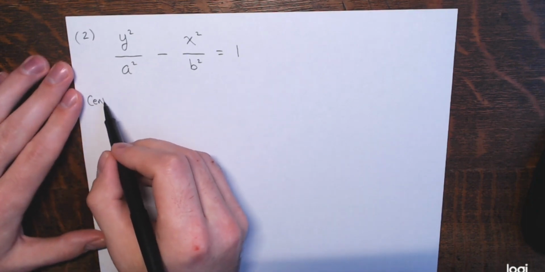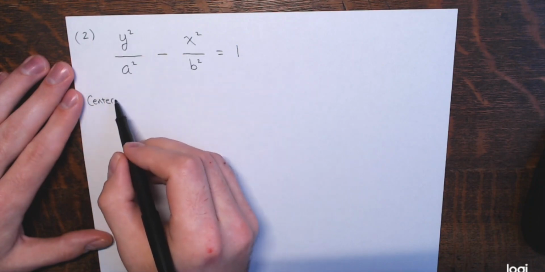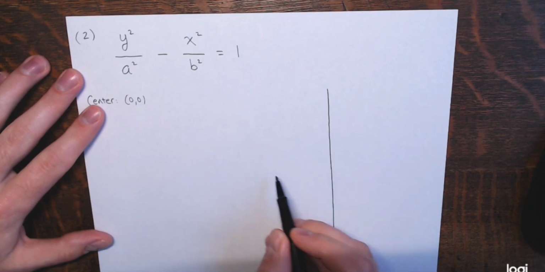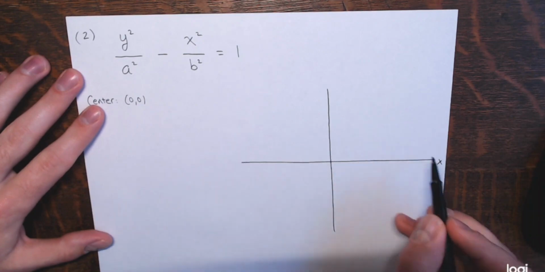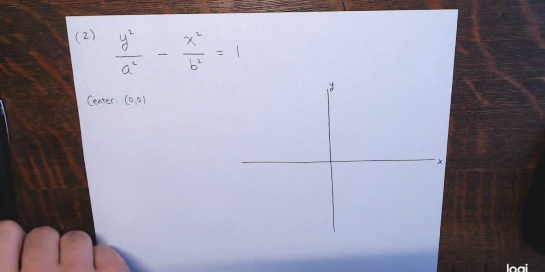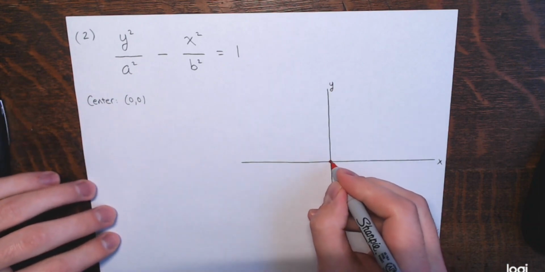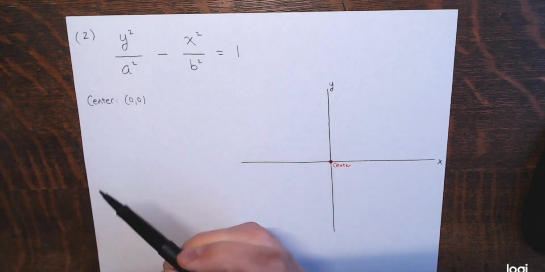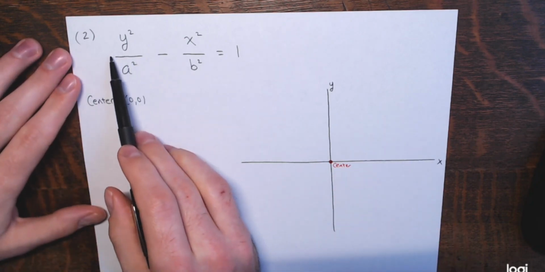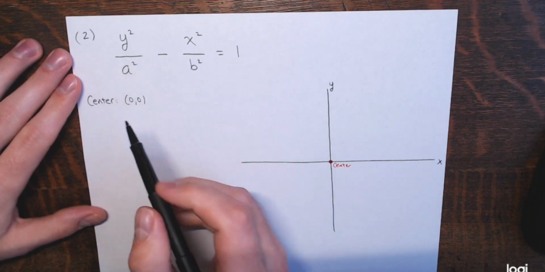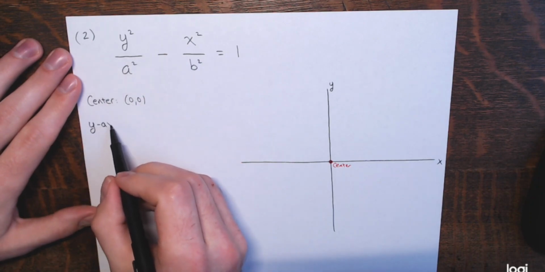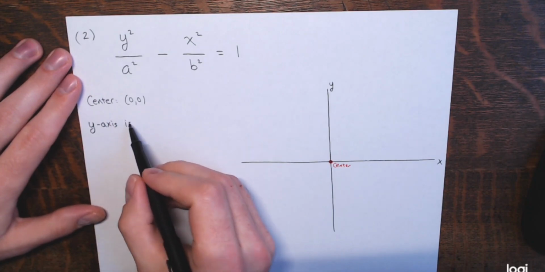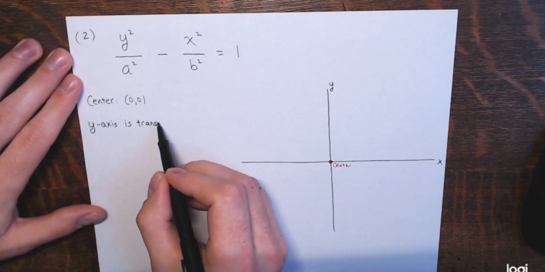If it's just x squared and just y squared, center is 0, 0. So I'll do the same kind of labeling here. Center at the origin. But this time, if the y squared term is the positive term and x squared is the negative, then the y-axis is going to have the vertices and the foci on it. The y-axis is that transverse axis.